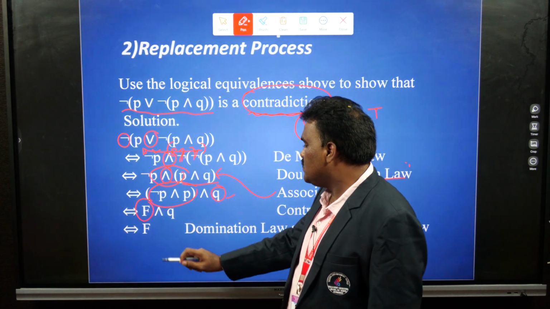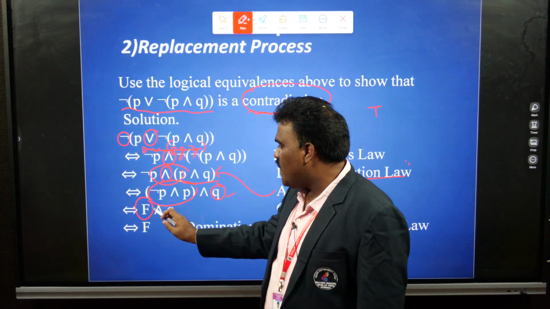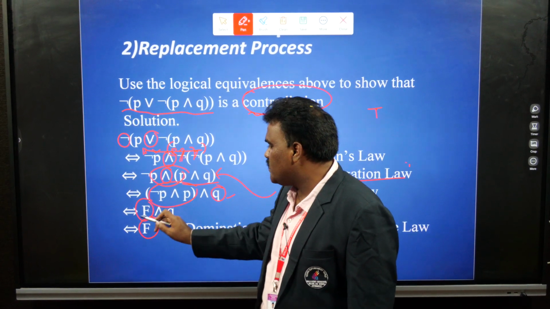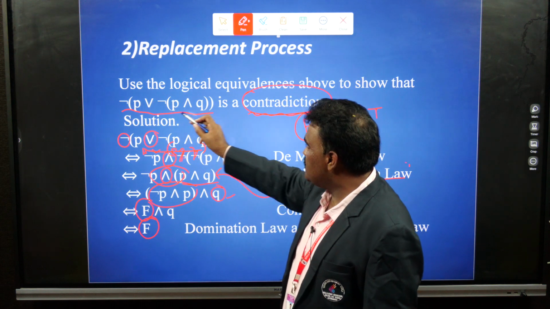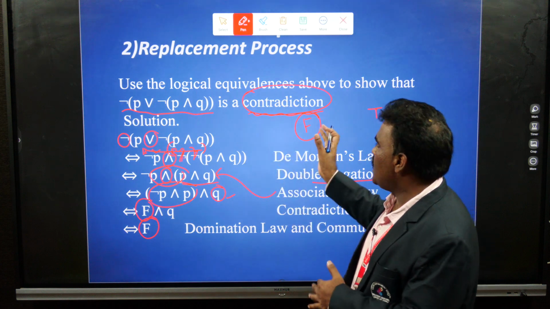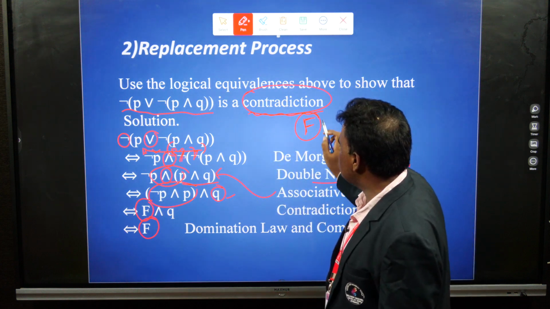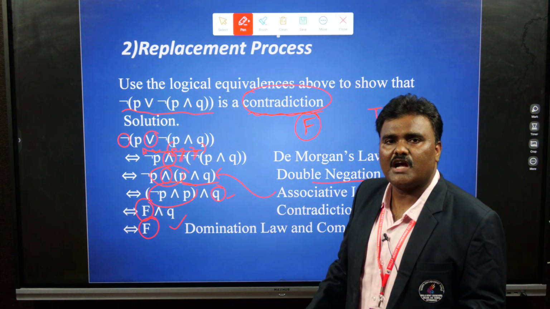False and Q is always false only. So hence the statement is proved. The given statement is a contradiction, that means the final result must be false only. So we have proved it.